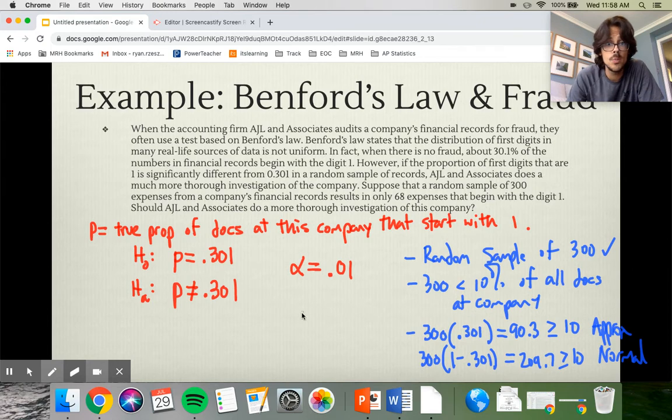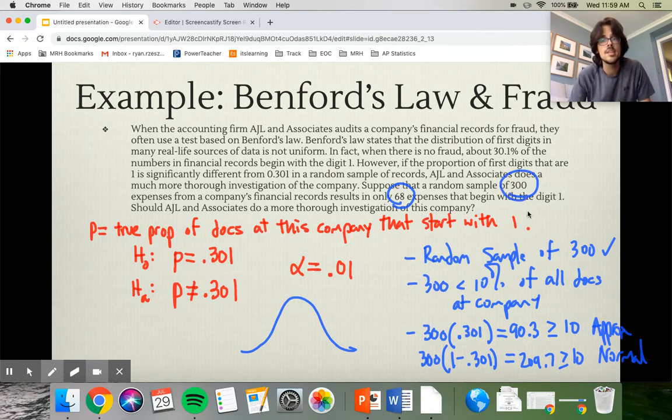Now, I could do a problem right here where I set up my little curve and find my p-value by hand. I want to talk about it, but I'm not actually going to do it this way. If I was really doing this the full work way, they got 68 out of 300 digits that were starting with 1. 68 out of 300 means that their p-hat was about 22.67%.